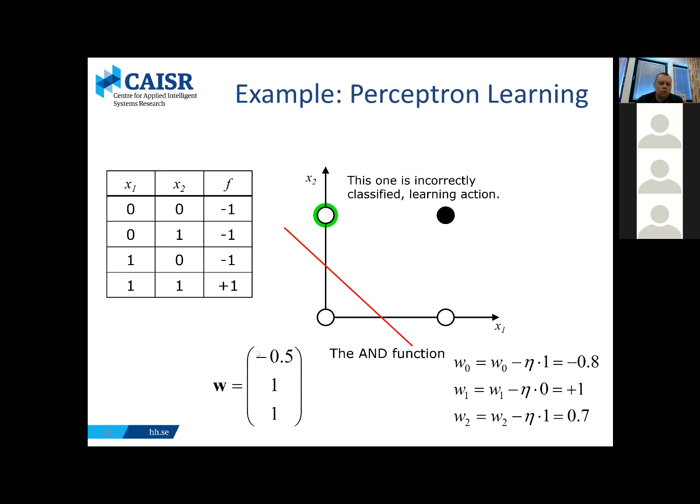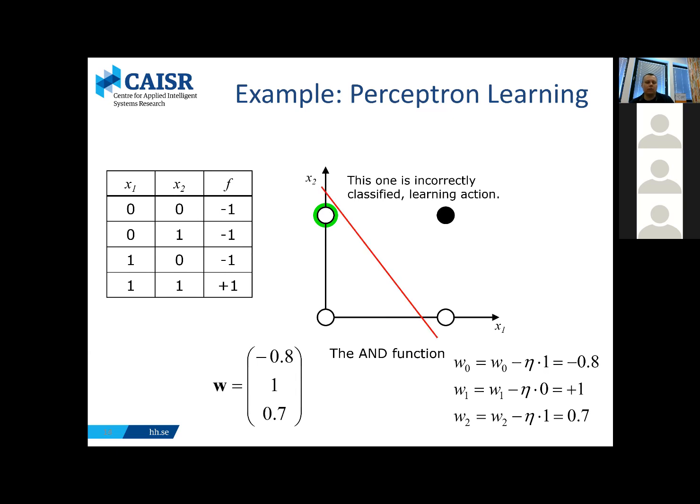Right? So as you can see here, we have 3 different weights. We have 2 inputs. The first weight is the so-called bias. This is using a kind of fake input, which is always 1. I will not go into too many details. But then this particular example has x1 equal 0 and x2 equal 1. So this is where this 0 comes into the picture and this 1 comes into the picture. So we look at all 3 weights, we modify them according to our equation, and we end up with new weights.